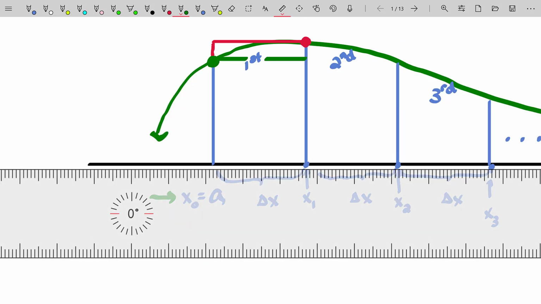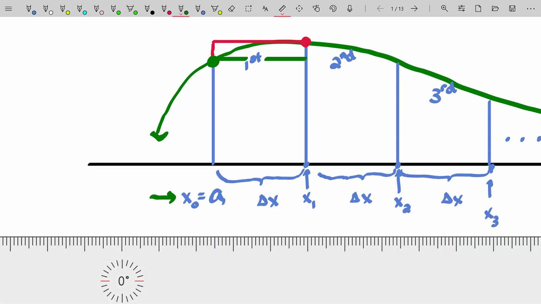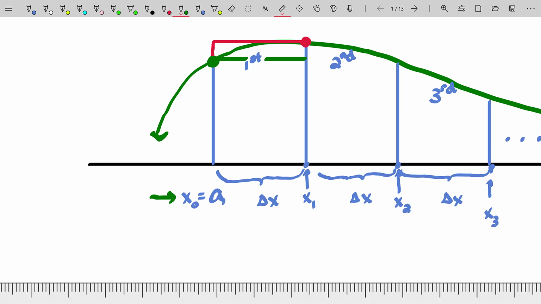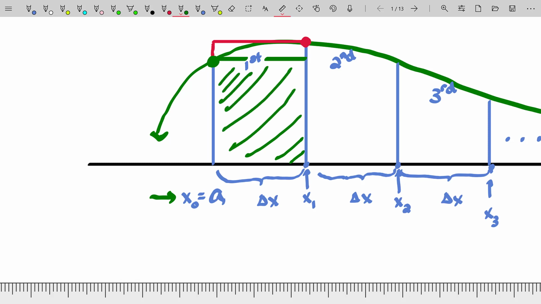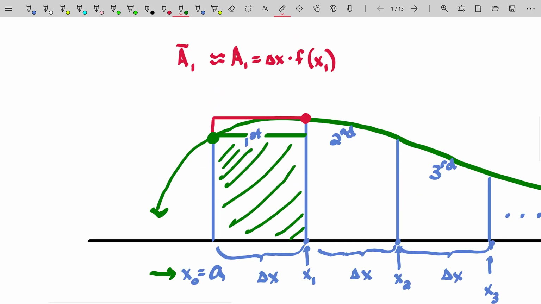I had to break the line there just so that I didn't write over my word first. But anyway, you could see the area underneath the curve can be approximated with this green area right here, which is the area of that green rectangle. So again, the true area, which I'm calling a sub 1 bar, is approximated by width times height. Well, the height in this case is f evaluated at x sub 0, the left edge point.